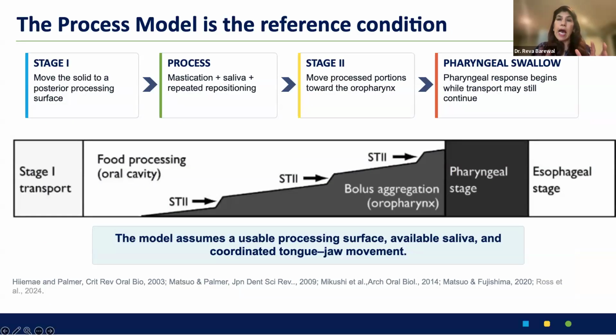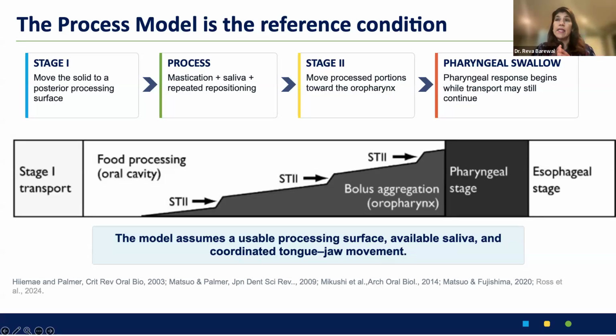When we look at how this process in the mouth was described, it's the process model described by Palmer, and the reference condition is eating a solid. He broke it down into stage one transport and stage two food processing before the pharyngeal phase and then the esophageal phase.